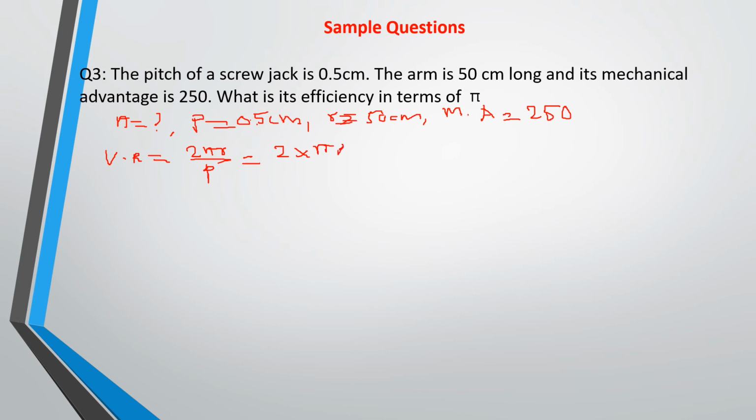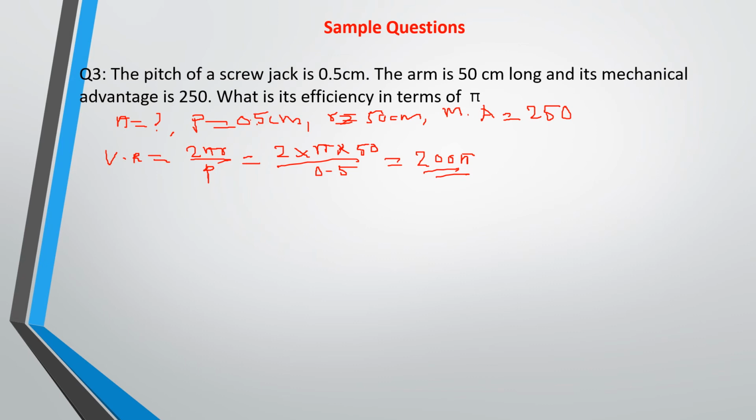The radius is 50 centimeters, and your pitch is 0.5. When you work this out, you will have that your velocity ratio is equal to 200 pi. Don't forget that we are solving in terms of pi.